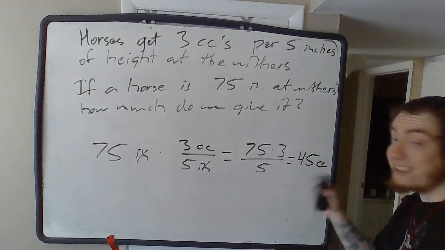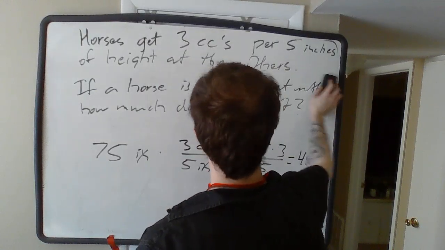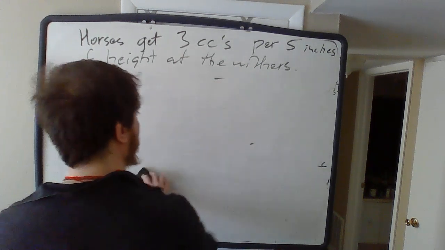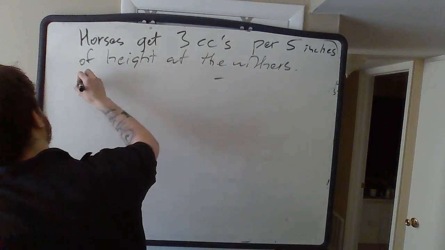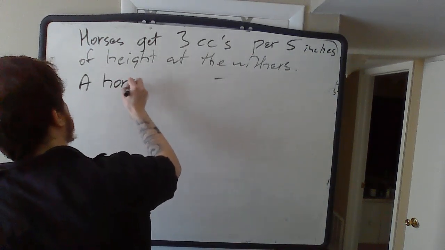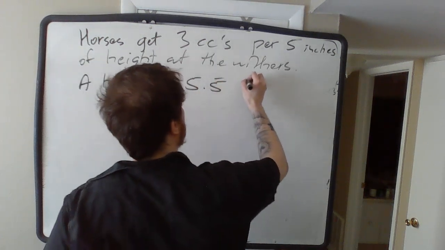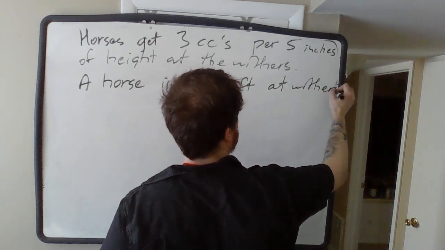Let's take this same problem, but let's change it around a little bit. So let's suppose that instead of giving you the height of the horse in inches, the horse is 5.5 feet at the withers.